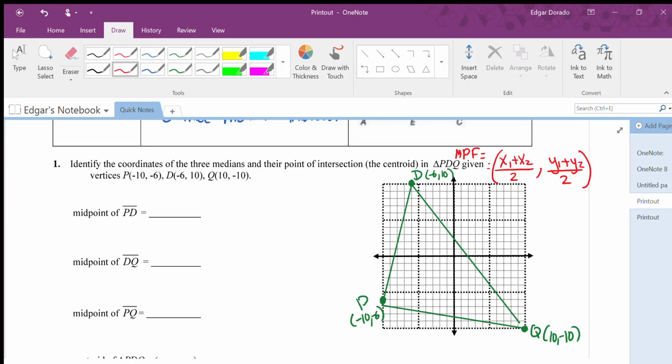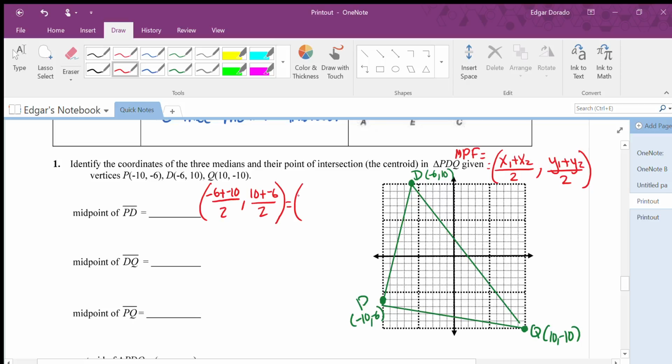So PD, so let's see. All right, so my midpoint formula is going to be (-6 plus -10)/2 and then (10 plus -6)/2. What is this going to be?